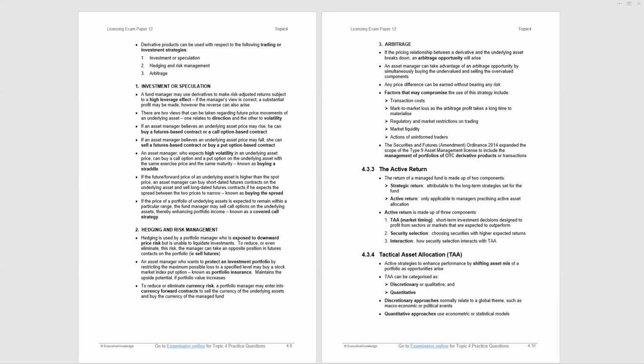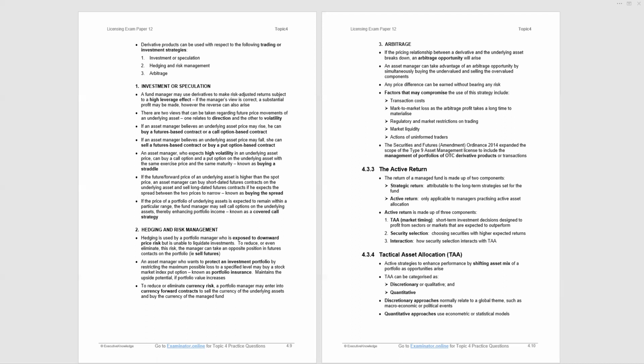And then we're told, the Securities and Futures Amendment Ordinance 2014 expanded the scope of the Type 9 asset management license to include management of portfolios of over-the-counter derivative products, OTC derivatives. Now, this brought in two more regulated activities, number 11 and 12, but they're taking some time to actually be activated.